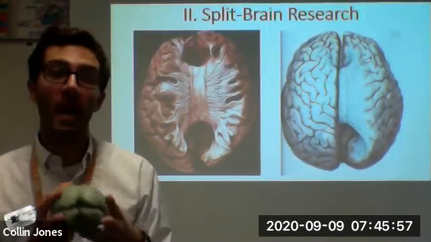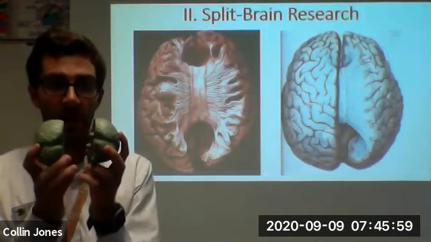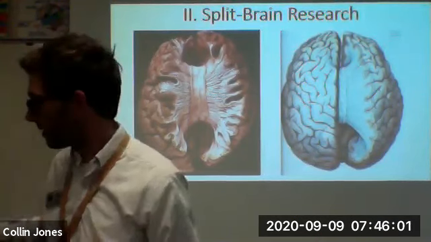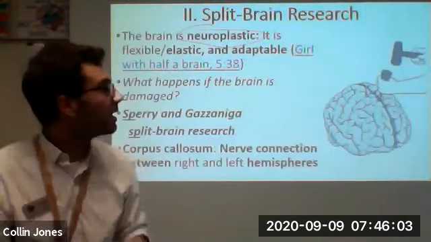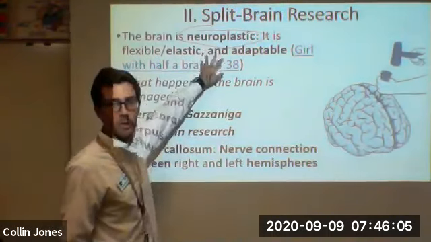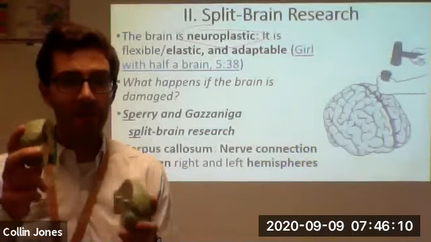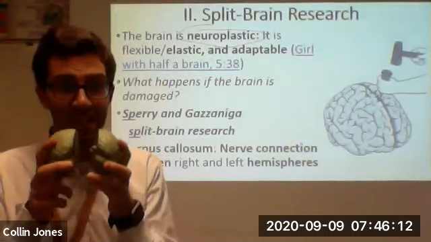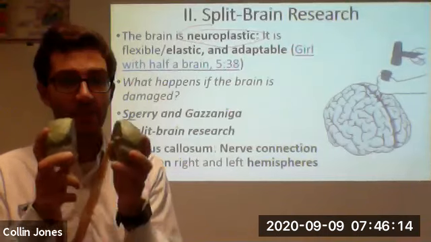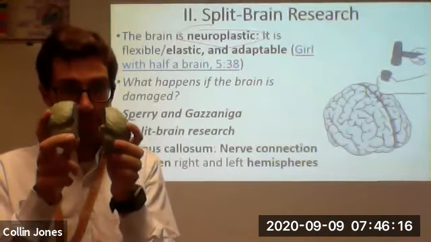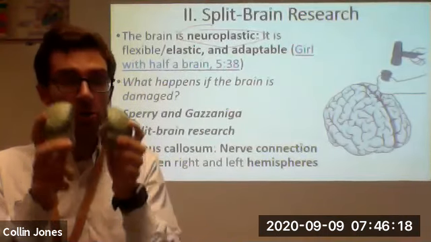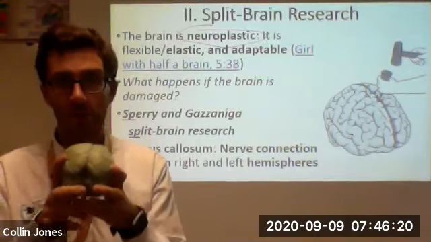What they'll do to help people with seizures is they cut the brain in half. Now, because the brain is plastic, elastic, and adaptable, these people live pretty normal lives. Their left hemisphere and their right hemisphere can adapt, can deal with the fact that they can no longer communicate with each other, right? It's like you have 2 brains in your skull.